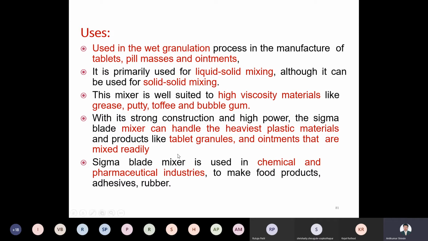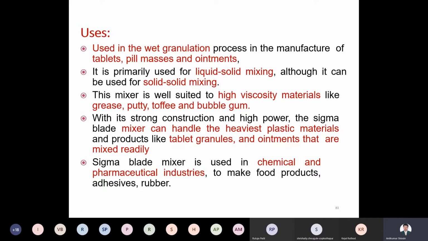The strong construction with high power is required, because we have high viscosity material, and it must be mixed properly. That's why high power is required for the sigma blade. So it can handle the heaviest plastic material. If you want to prepare wet granulation, the highest pressure, the higher power is required for mixing the semi-solid.